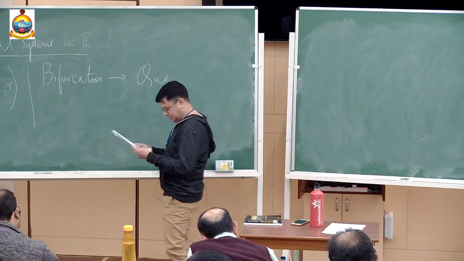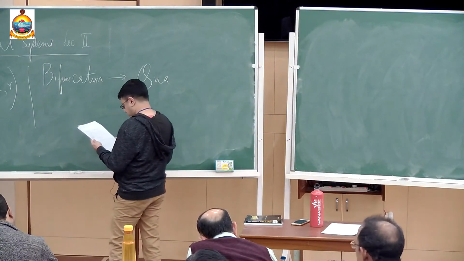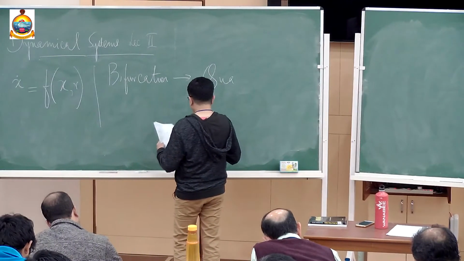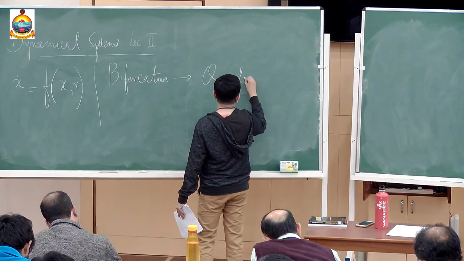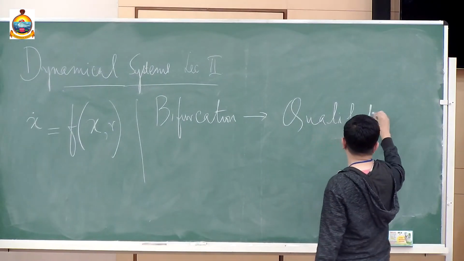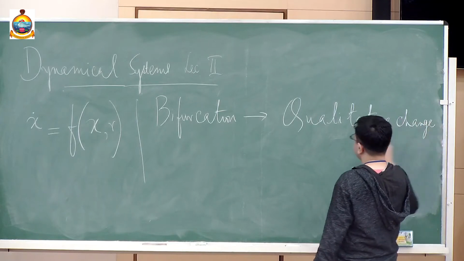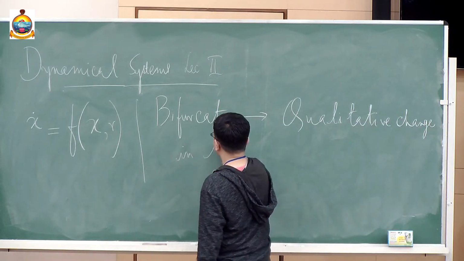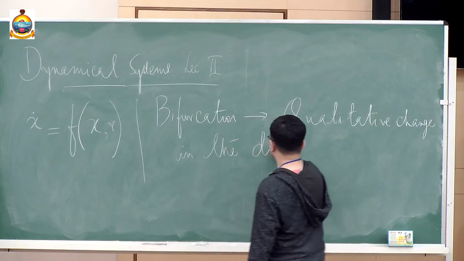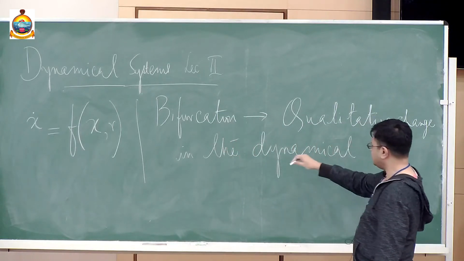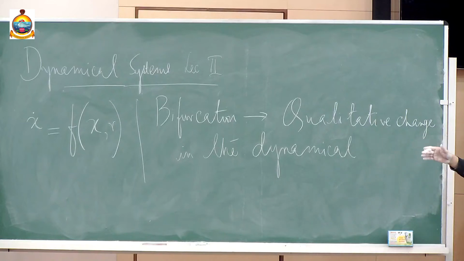Okay? So I would say a bifurcation is a qualitative change in the dynamical behavior of the system. Let me put it this way. See, when I write these definitions, don't take them to be pristine and sacred.